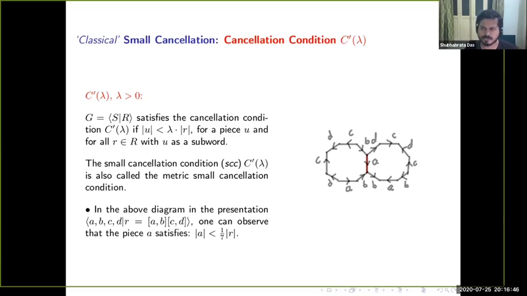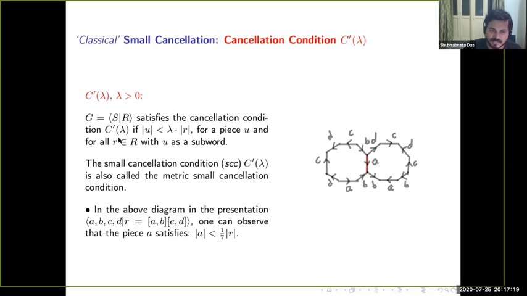The most used or known ones are the metric small cancellation conditions, which is the following: if G has a presentation like this, the presentation satisfies the small cancellation condition C prime lambda, for lambda greater than 0, when each piece must be contained in a relator.